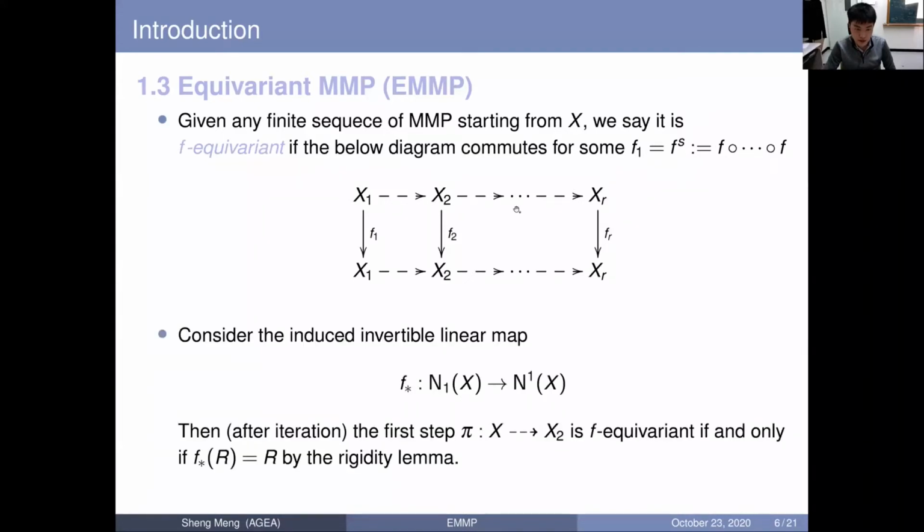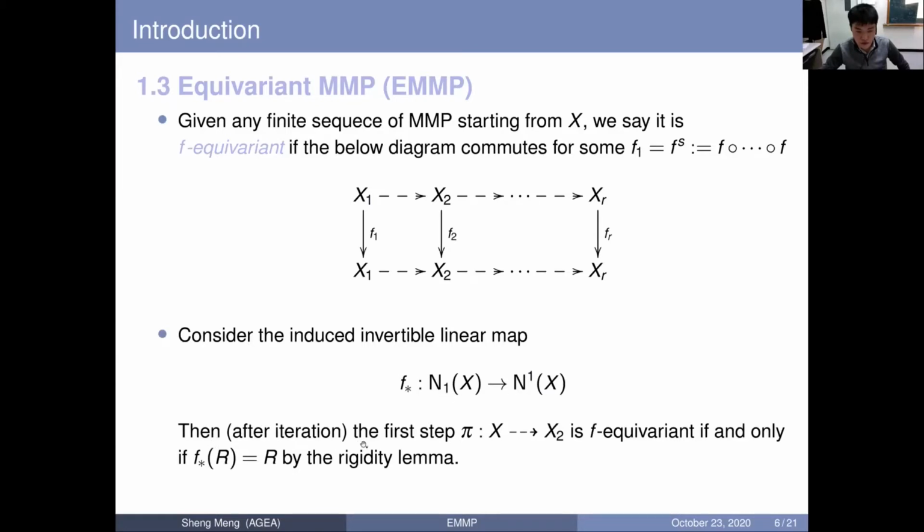Here is the direct criterion for the possibility of equivariant MMP. Consider the induced invertible linear map via the pushforward action. Sorry, here is N_1, a typo. N_1(X) to N_1(X).